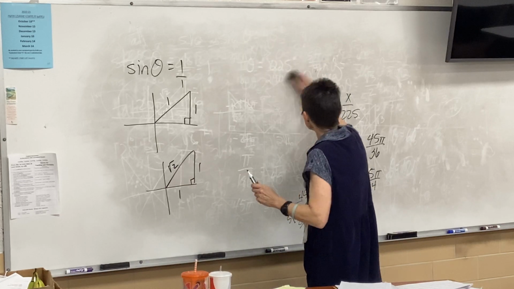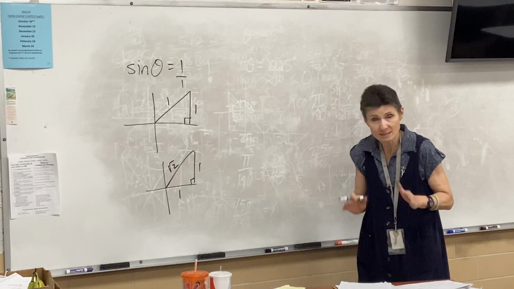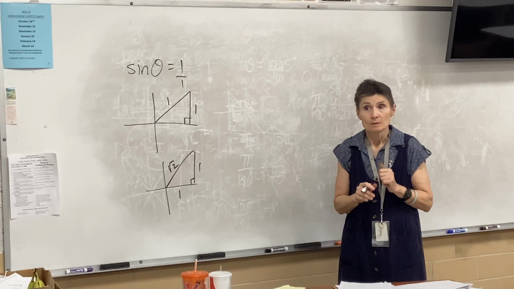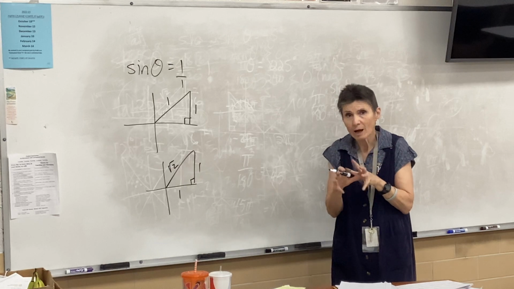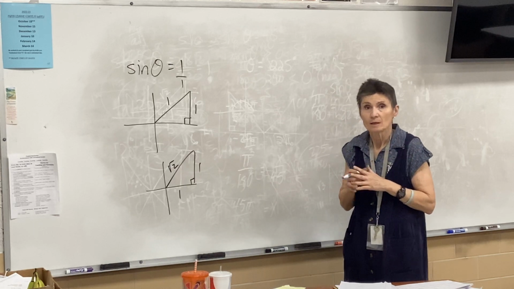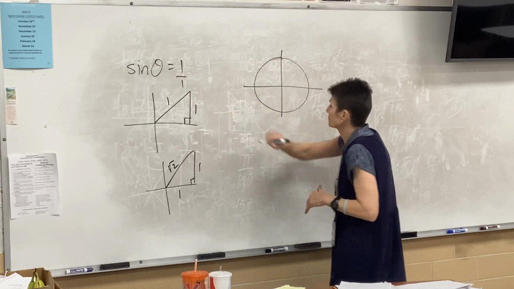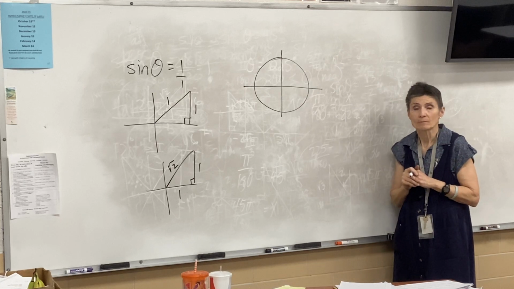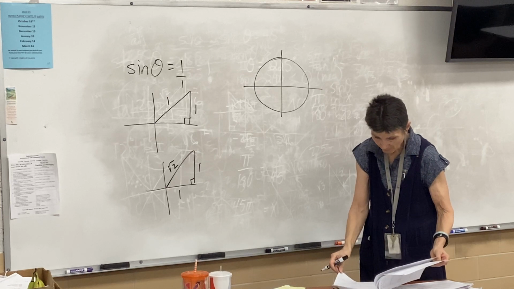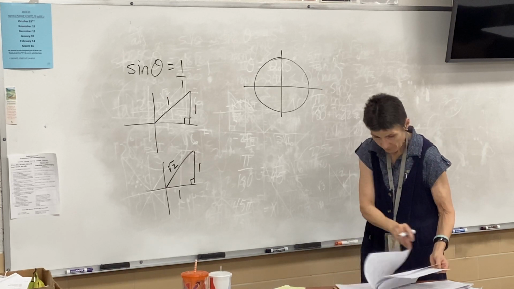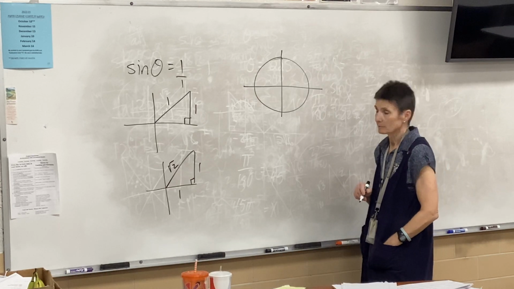So what does that mean? That means that no triangle is possible. Well, shoot. What do I do in trigonometry when a triangle isn't possible? I draw a circle. And I'm going to let the radius of that circle be 1, just like I did yesterday.